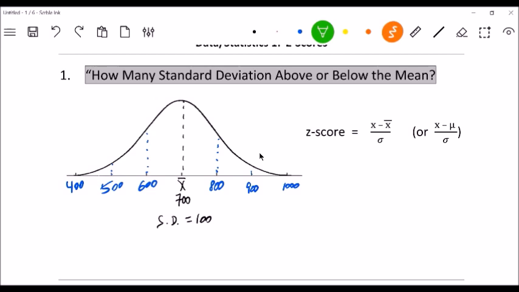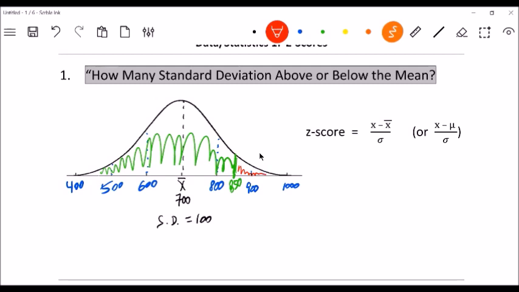Let's go here to 850. At that particular area, what is the percent of data that is below that area, or the percent of the data above that area? The amount of data that's below 850 or above 850.